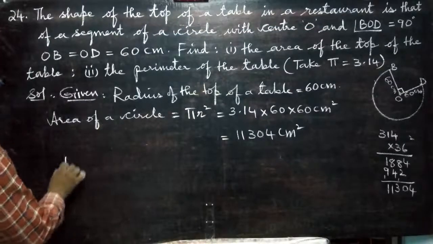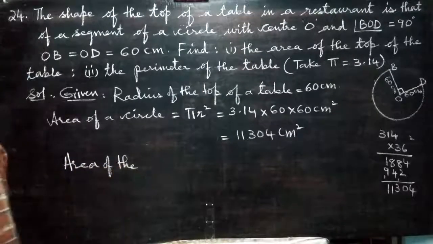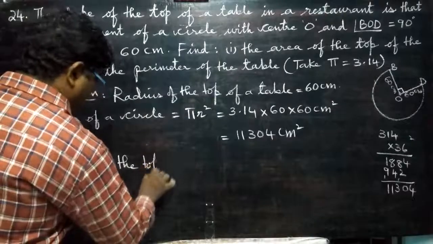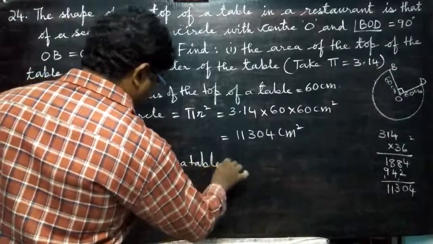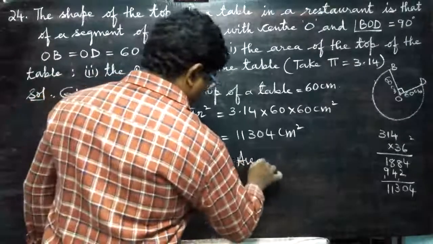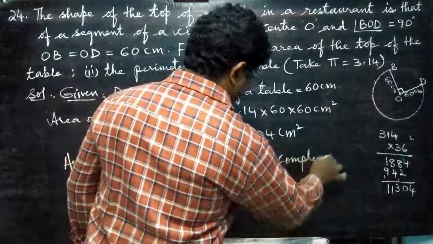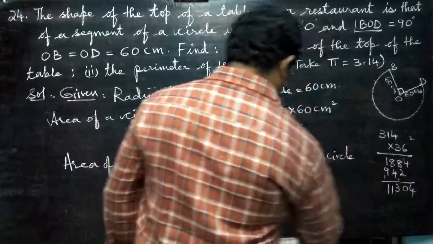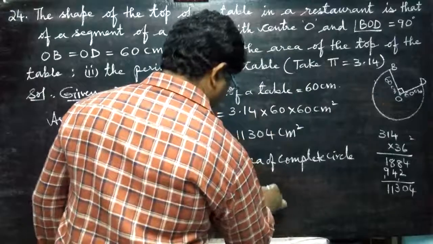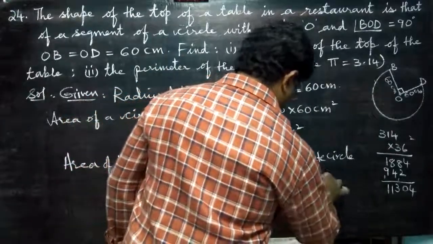So now we are going to find the area of the top of a table. How to find it? The area of the complete circle minus the area of 1/4 of the circle.